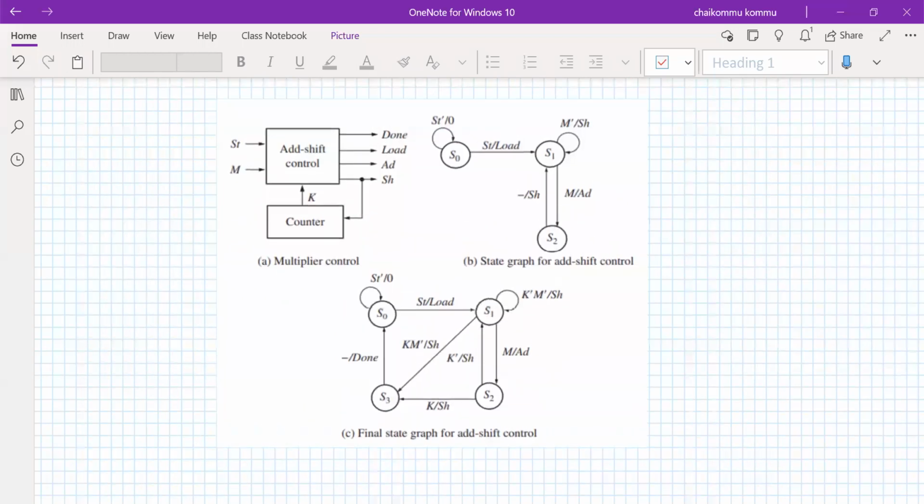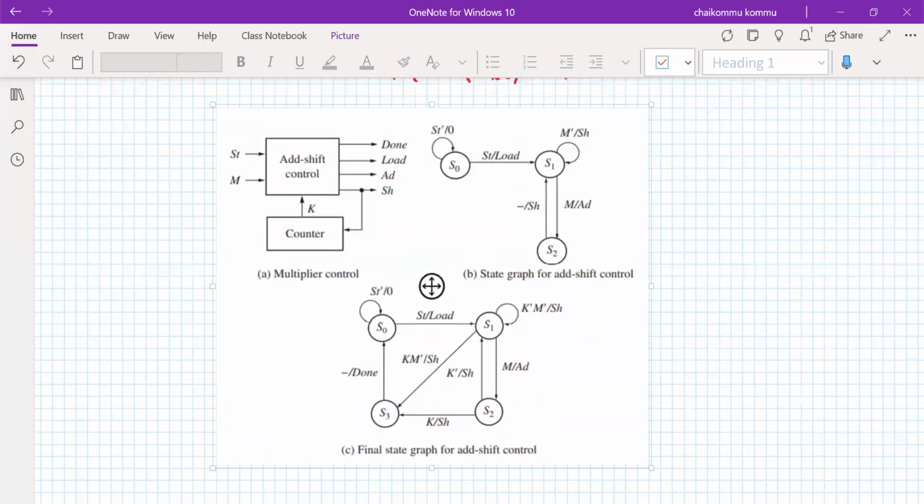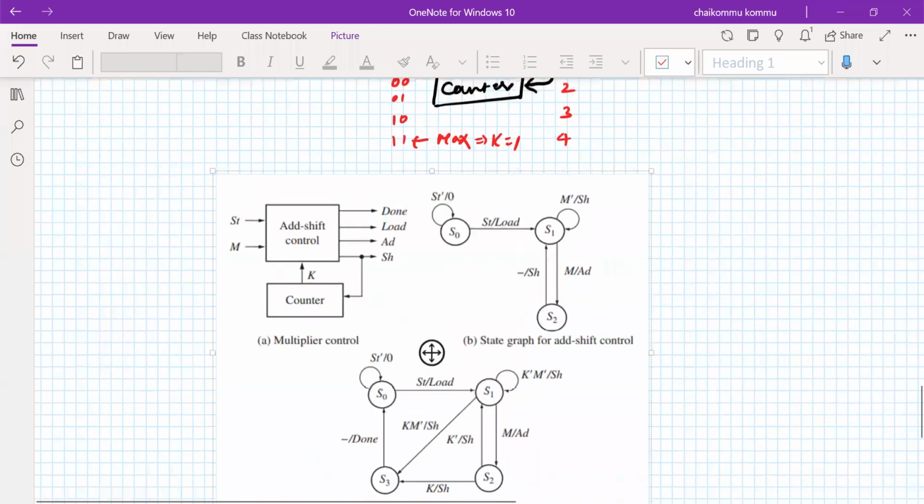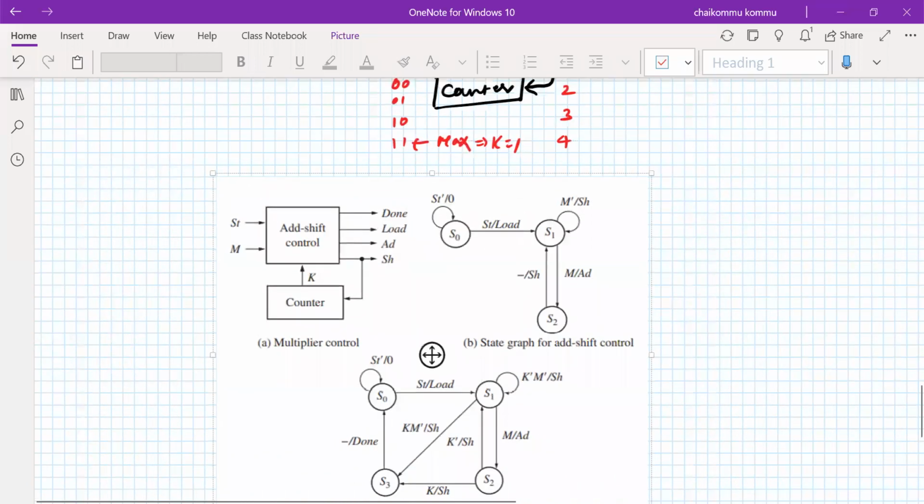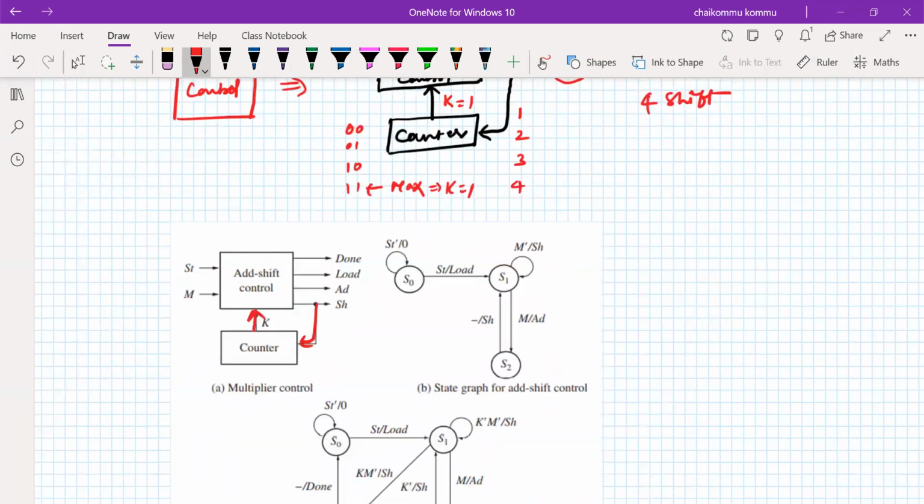So this is the idea behind this one. As I mentioned, we have add shift control and counter. Depending upon the shift information, the counter has to generate the k value. So let us consider this one. If you're in the S0 state, start is not there, therefore you remain in the same state. The output is also 0. If ST is 1, the load signal has to be generated. It will go to S1.